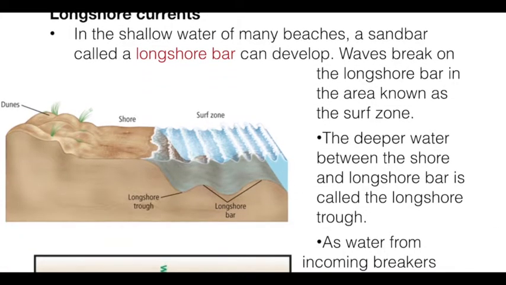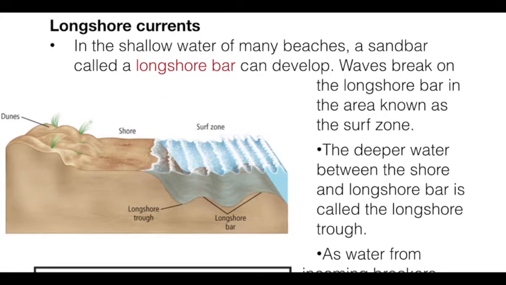Now, another interesting carver is going to be longshore currents. Longshore currents form when the water isn't exactly parallel to the shore, and when that happens, you're going to get some bouncing. One of the things that's important before you understand the current is that there can be some sandbars along the beach.